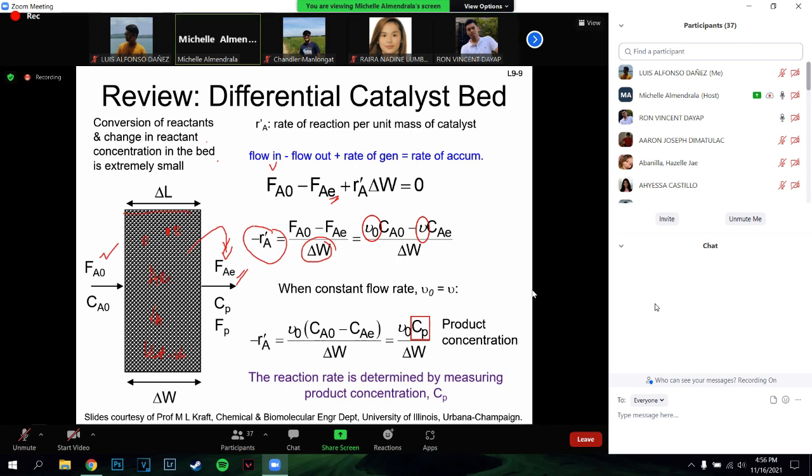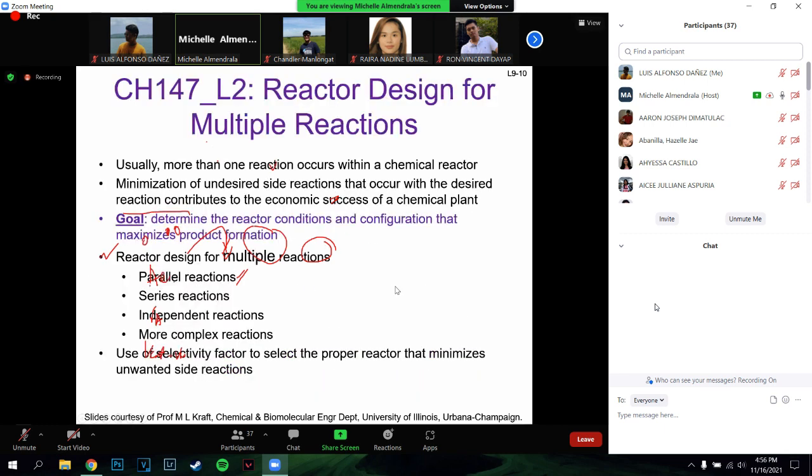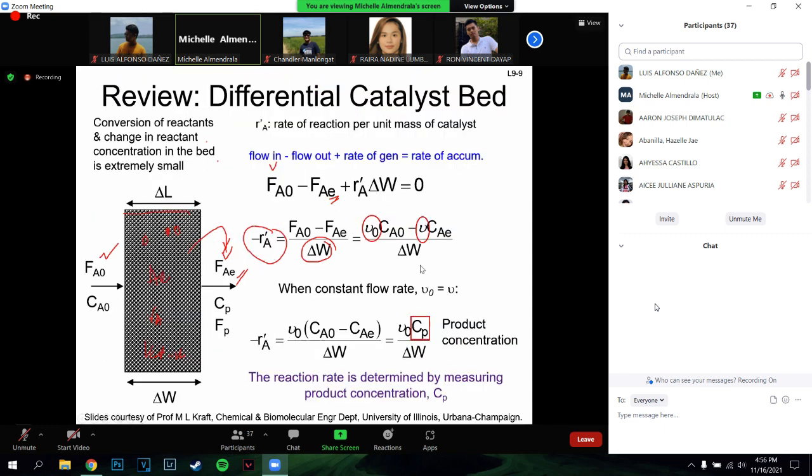Yes, because what is more relevant here is that the reaction is taking place on the surface of the catalyst. The reaction takes place on the active site of the catalyst within the packed bed. When it's free space, we just consider the total volume of the reactor wherein your reactant is present.